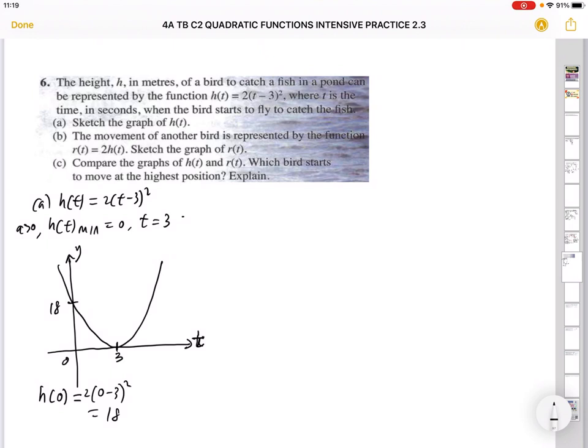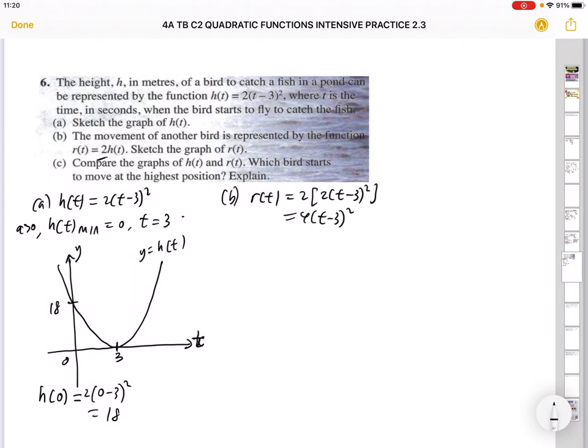So then B, they say the movement of another bird is represented by the function r(t) equals 2 times h(t). Now when it's 2 times h(t), that means my a value is now double, right? So you can say r(t) is now 2 times h(t), which is 2 times 2(t minus 3) squared. This is 4(t minus 3) squared. My a is now double, so the graph is now sharper.